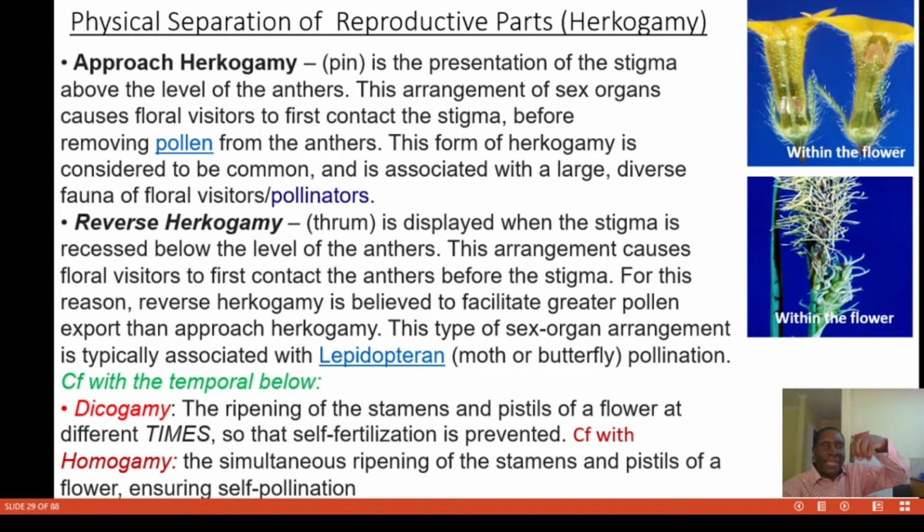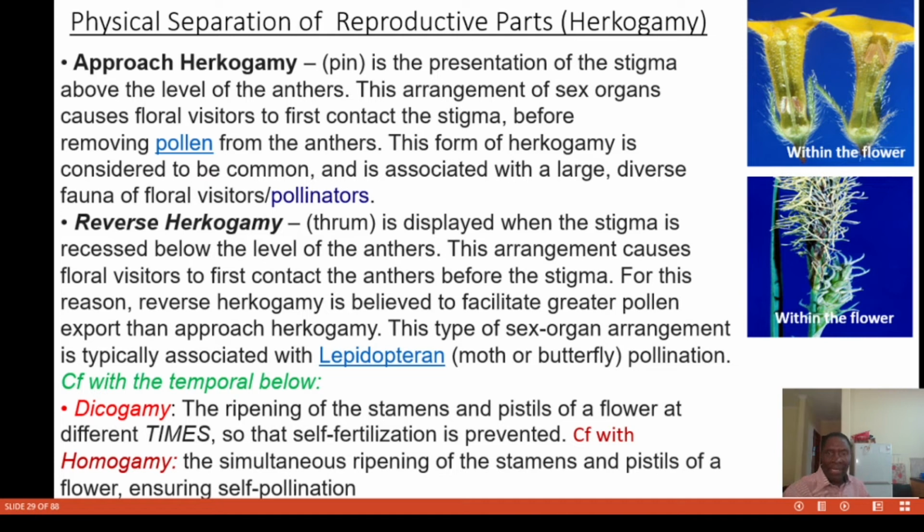This arrangement causes floral visitors to first contact the anthers before the stigma. For this reason, reverse hercogamy is believed to facilitate greater pollen export than approach hercogamy. This type of sexual organ arrangement is typically associated with moth or butterfly pollinators.